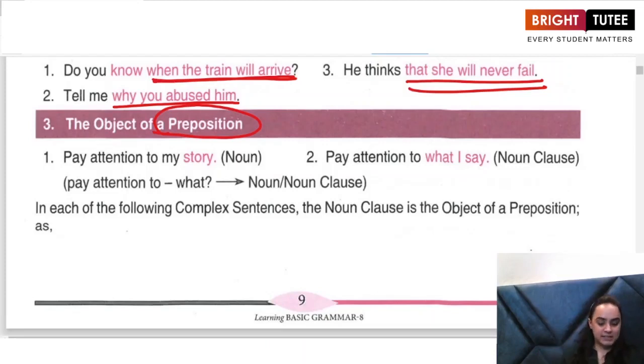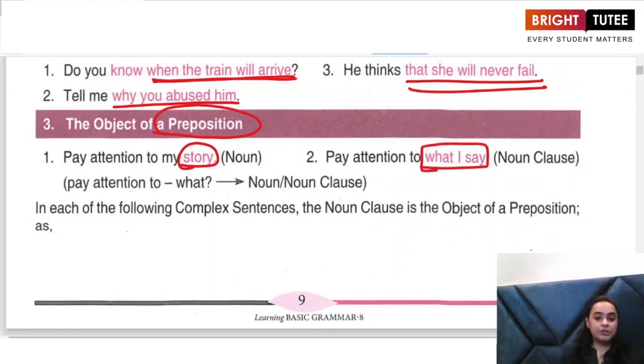Look at the sentence. Pay attention to my story. Again, you ask the question, pay attention to what? Story. You are getting just one word answer, that is story, which is a noun. On the other hand, look at the next sentence. Pay attention to what? What I say.